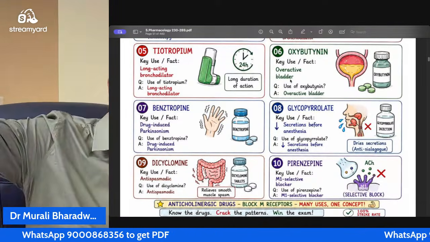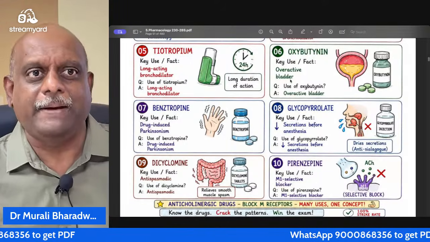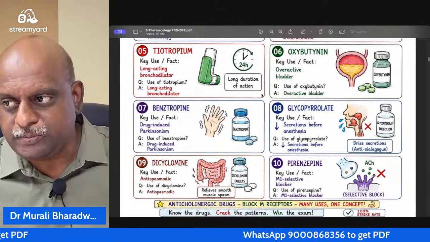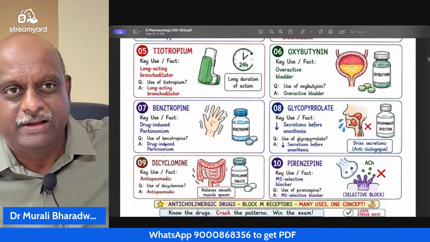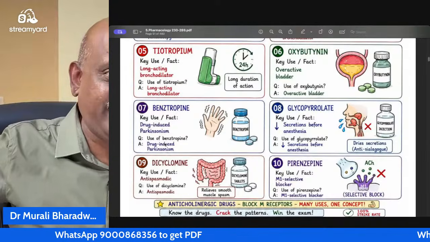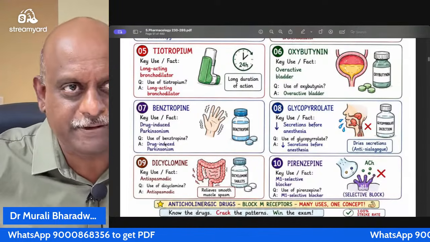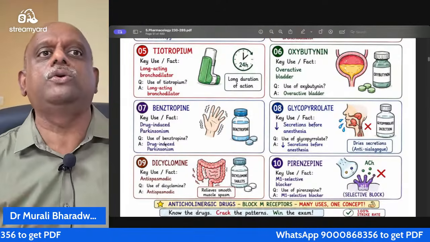For that, we use benztropine, which is used for the tremor in Parkinsonism, and especially drug-induced Parkinsonism is predominantly high cholinergic activity rather than low dopamine activity. Could you appreciate the point? So, benztropine for drug-induced Parkinson's.